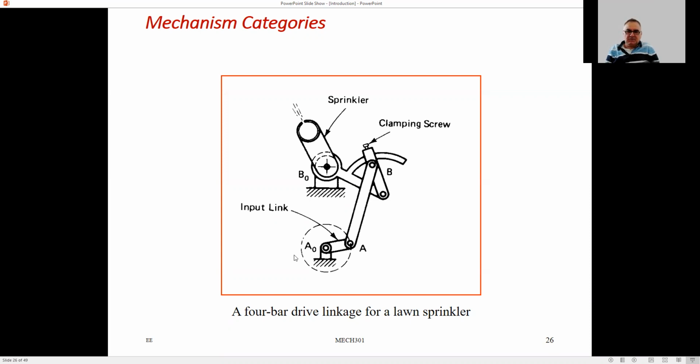So this input link, which is connected to a motor, is again a 4-bar mechanism whose dimensions are adjustable by this clamping screw, so that this sprinkler moves back and forth in order to water the lawn, for example.